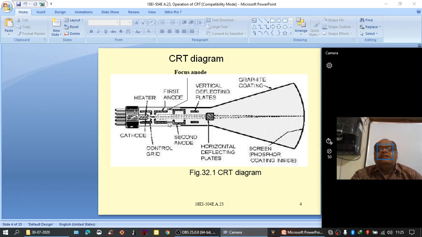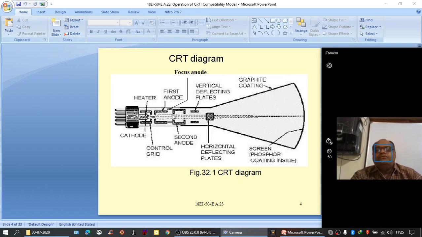So the electrons that are accelerated by the first anode or pre-accelerating anode and passing through it will be attracted towards the focusing anode. Because the focusing anode is also maintained at positive voltage, the electrons will be further attracted.